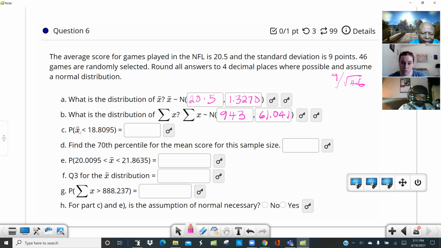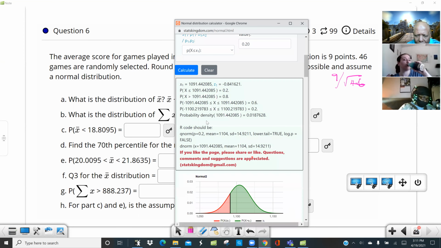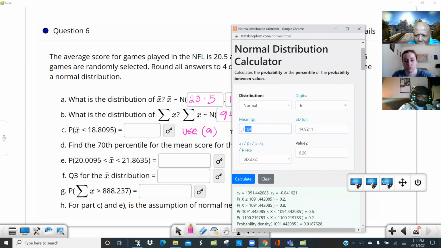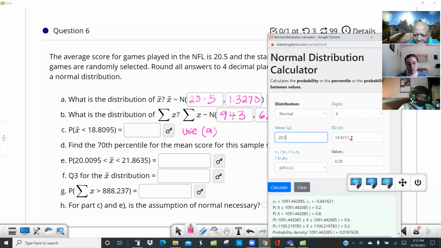What's the probability that a sample mean is bigger than 18.8095? Use part A, because you are tracking down a sample mean. So the mean is 20.5. The standard deviation is 1.327, and you want to be to the left.